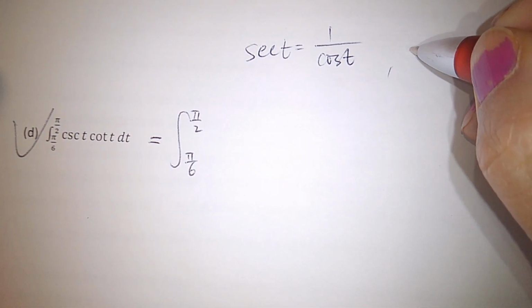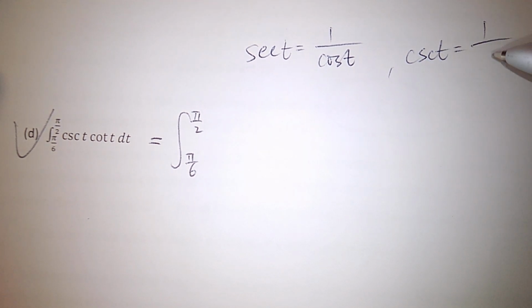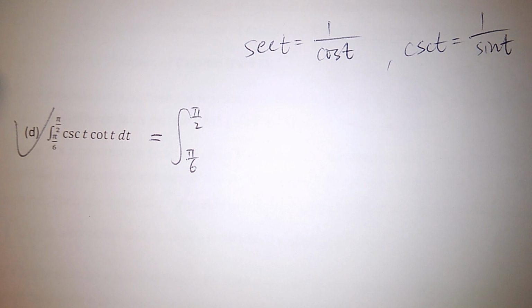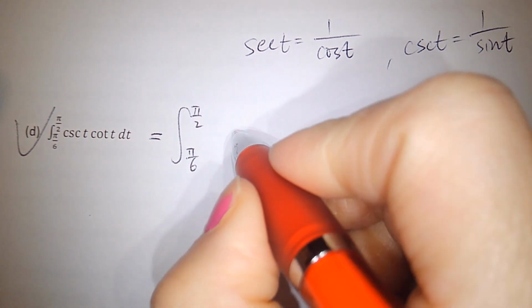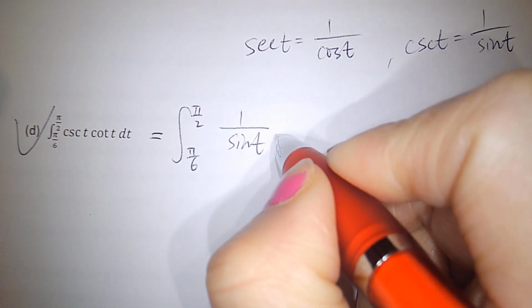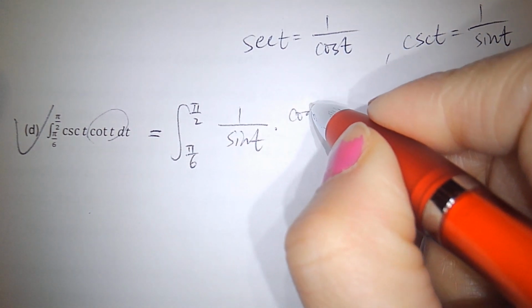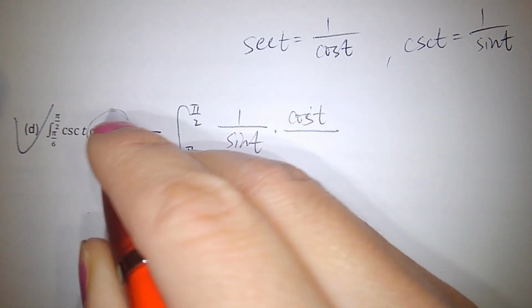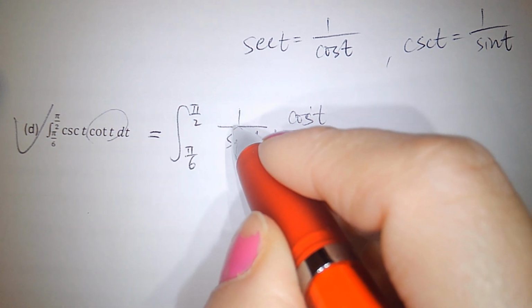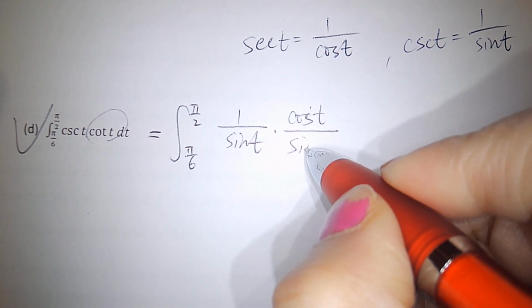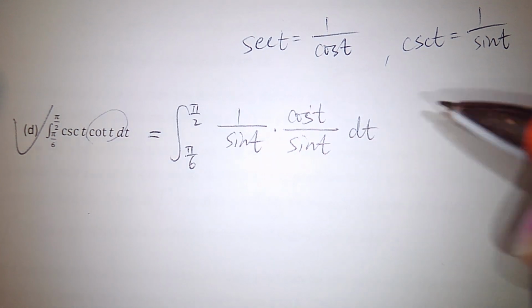How about cosecant then? 1 over sine. Do you go with this? Okay, so 1 over sine of t. What is cotangent t? Cotangent t can be written as cosine divided by what? Sine, right?